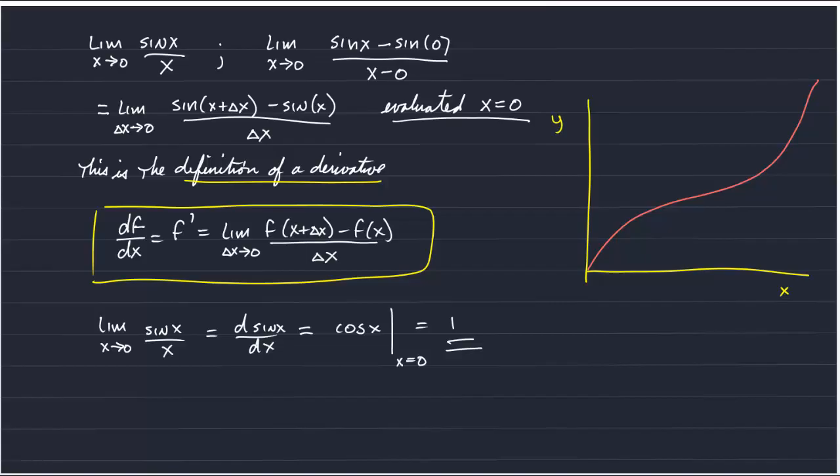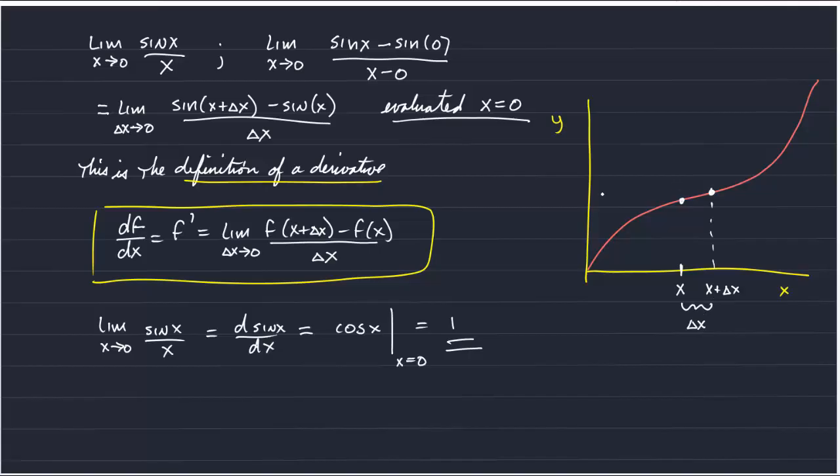And let's say we want to evaluate the derivative at point x. So we look at the function evaluated at point x, and we compare it to the value of the function evaluated a small distance from that point, delta x.